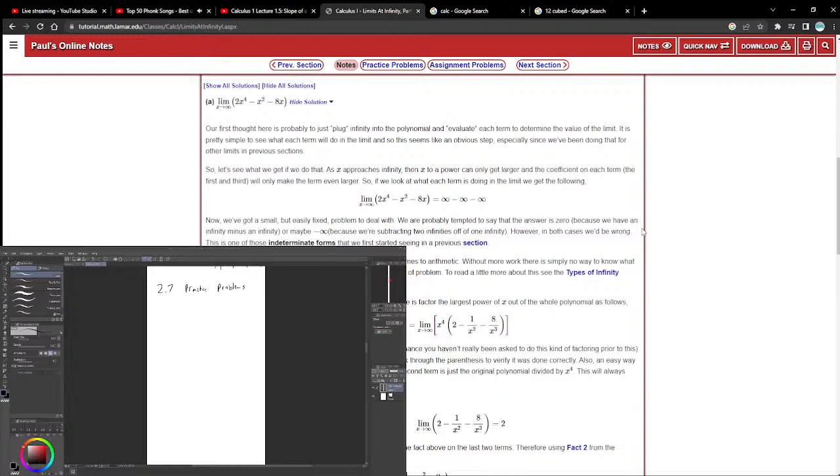If you're not sure you agree with the factoring above, there's a chance you haven't really been asked to do this kind of factoring prior to this. Then recall that to check, all you need to do is multiply the x to the power 4 back through the parentheses to verify it was done correctly. Also, an easy way to remember how to do this kind of factoring is to note that the second term is just the original polynomial divided by x to the power 4. This will always work when factoring a power of x out of a polynomial.